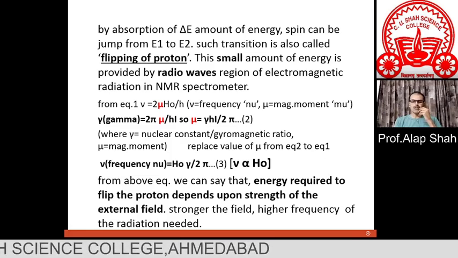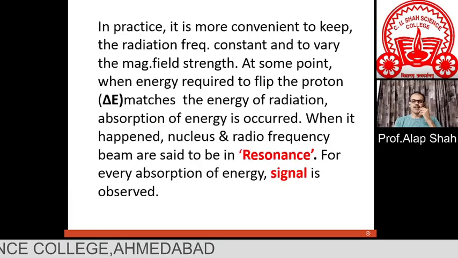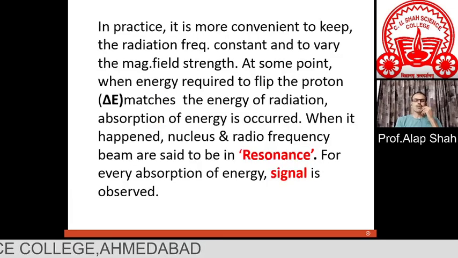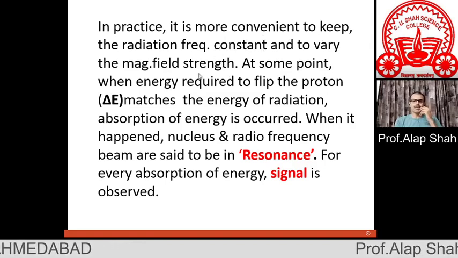So the stronger the field, in other words the higher the value of h0, the more frequency is required. Now there are two possible ways. There are some NMR spectrometers in which we can keep the magnetic field constant and change the frequency, but it is more convenient to keep the frequency constant and change the magnetic field.